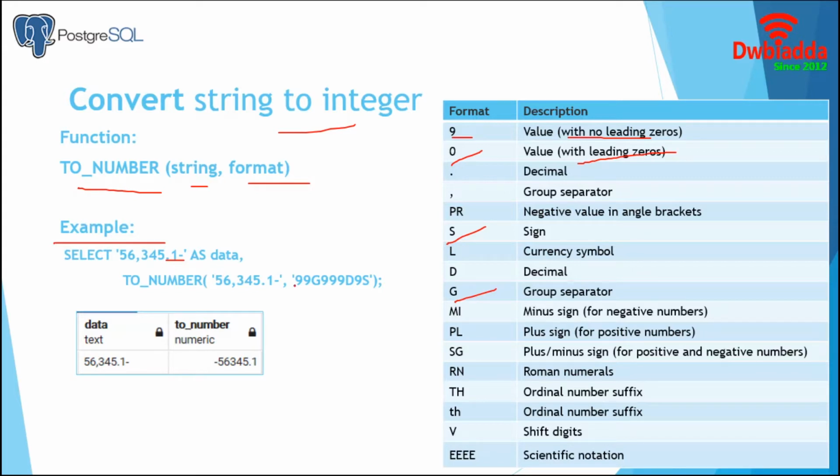In the format, we need to specify 99 for 56, this G for the group separator, which is comma, then 3 more 9s for 345, then D for this decimal point, then again 9 for this one, and finally S for this minus sign. If we execute this, it will return a numeric value like minus 56,345.1. Now we are going to pgAdmin to work with more examples.